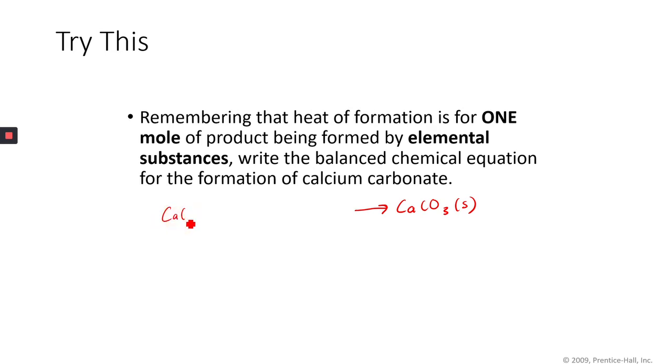Well, we have calcium, which in its standard state is a solid, plus carbon, which in its standard state is graphite, a solid, plus oxygen. In its standard state, it's O2, which is a gas. But I need 3 oxygens over here, so I have to multiply this by 3/2. And this would be my equation where I could get my heat of formation.